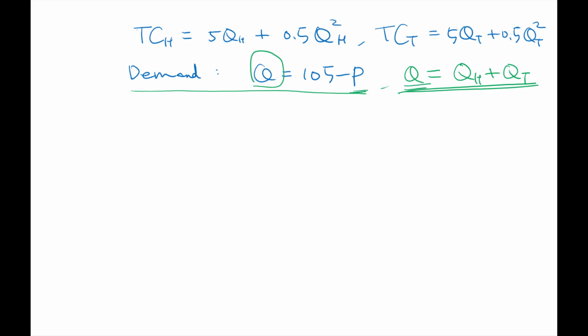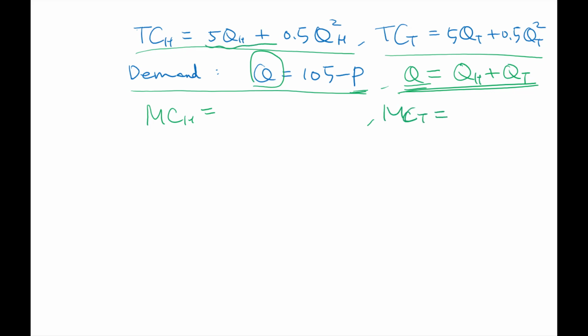And P is the market price per unit for two companies that produce the same or very similar cement. And then the total cost function for each company is given, and you can derive marginal cost for each one, which happen to be the same.